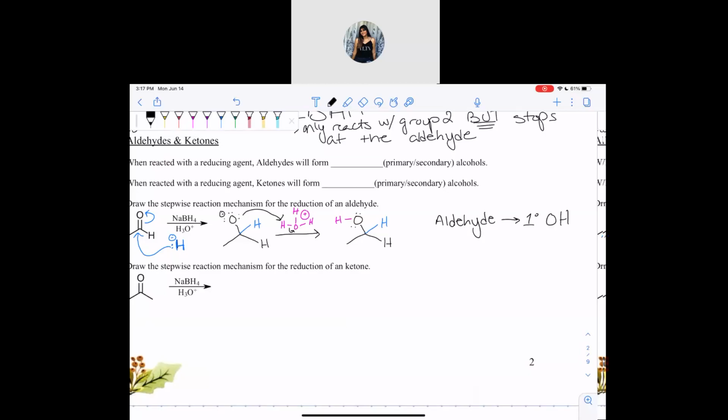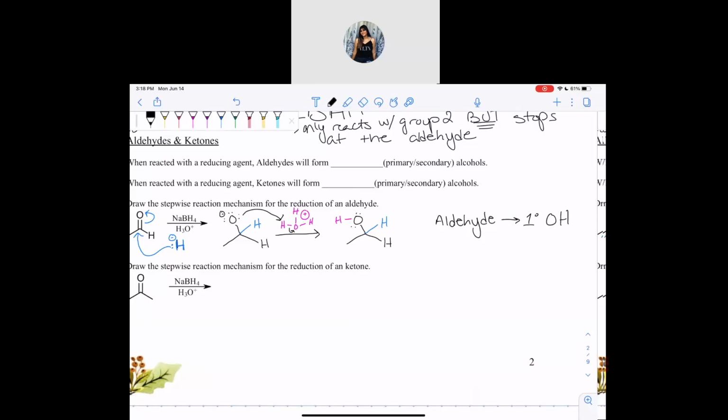Now, I want you guys to tell me how you think the mechanism would go for a ketone. So someone either walk me through it verbally or however you feel. And then someone asked, so will this always happen? Do you mean whether you have whichever reducing agent?